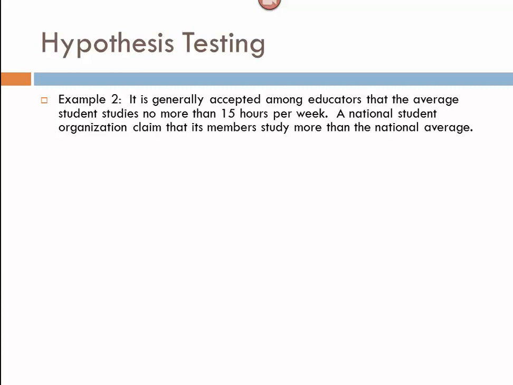So our null is actually that mu is equal to 15. The alternative is the one we want to really pull from the wording of the question. In this case, it says a national student organization claims that its members study more than the national average. So our alternative is the one that we're going to try to prove, that mu is greater than 15 hours. And again, the null is always that mu is equal to 15 hours.